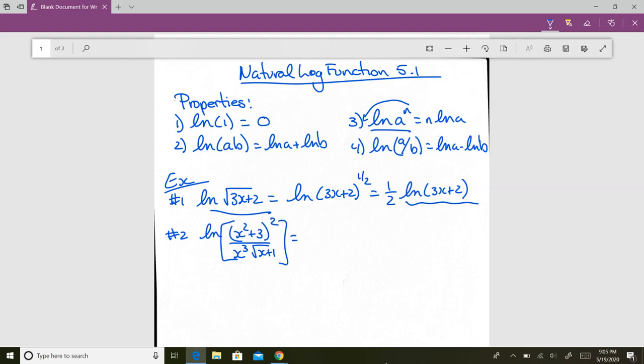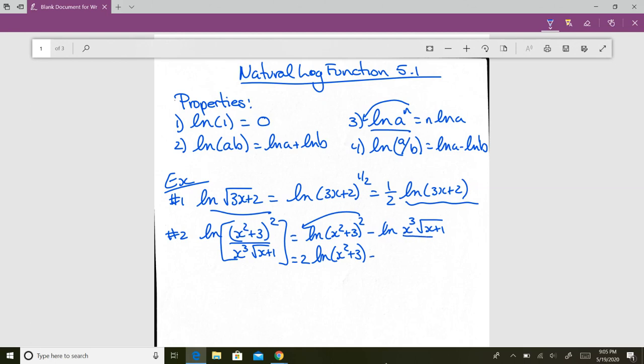First of all, I am dividing, so I can subtract. So I get natural log of x squared plus 3 all squared minus the natural log of x cubed root x plus 1. And this first bit, this 2 will come down, so that becomes 2 natural log of x squared plus 3. Can't really do anything else with that, so I just leave it.